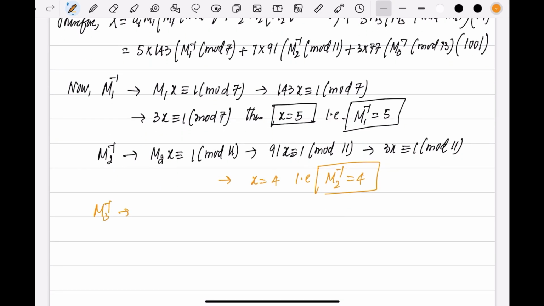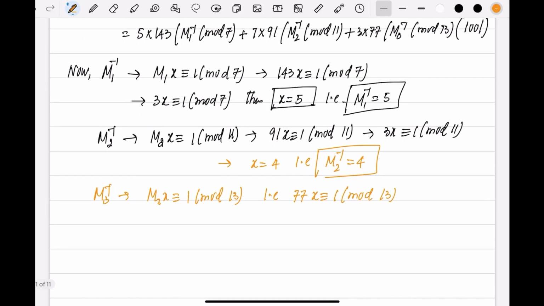Now similarly for practice, for m3 inverse we have m3x congruent to 1 modulo 13, that is 77 into x congruent to 1 modulo 13.